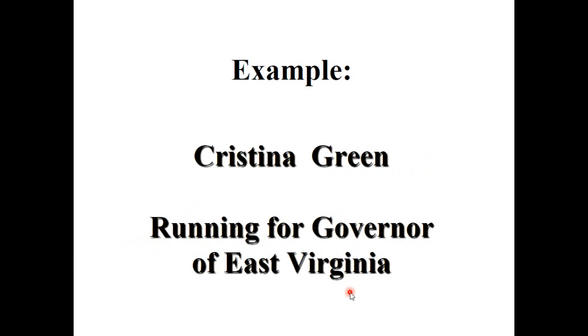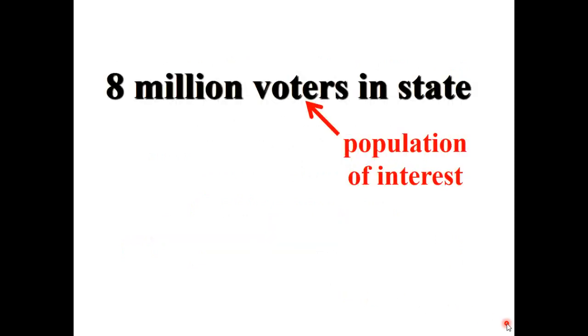In the last lecture, we used the fictional example of Christina Green, who's running for governor of East Virginia. We talked about how pollsters conduct polls in order to learn how many people in East Virginia plan to vote for Christina Green. We said there are 8 million voters in the state of East Virginia.